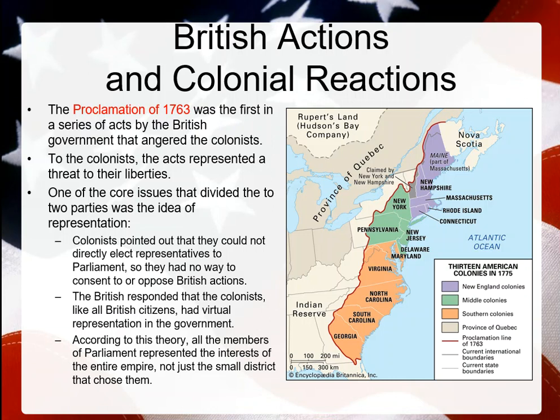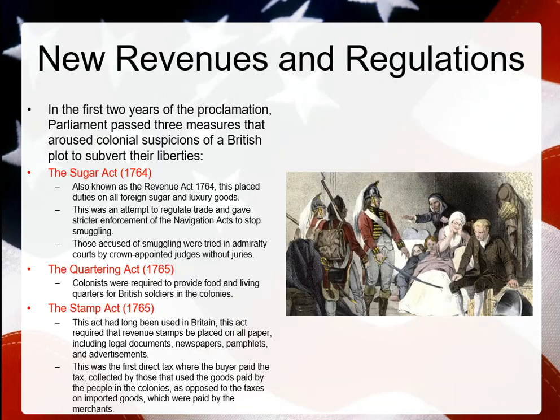Basically, their argument is all the members of Parliament represent the interest of the entire empire, not just the small district that chose them. So their cop out is, you know what, Parliament's always making decisions based on the whole empire as a whole. So shut up, basically, and that's not going to go well either.